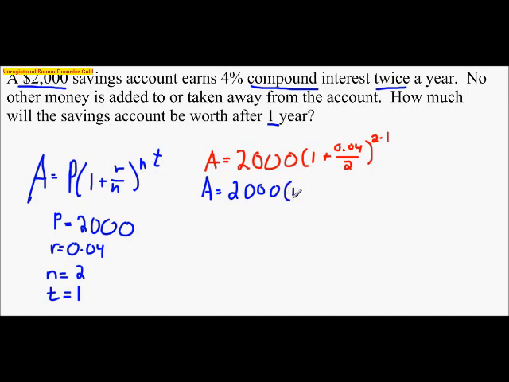We'll do 1 plus this. We want to figure out what 0.04 divided by 2 equals. One way to figure that out would be to divide like this. Another way to think about it is, what is half of 0.04?